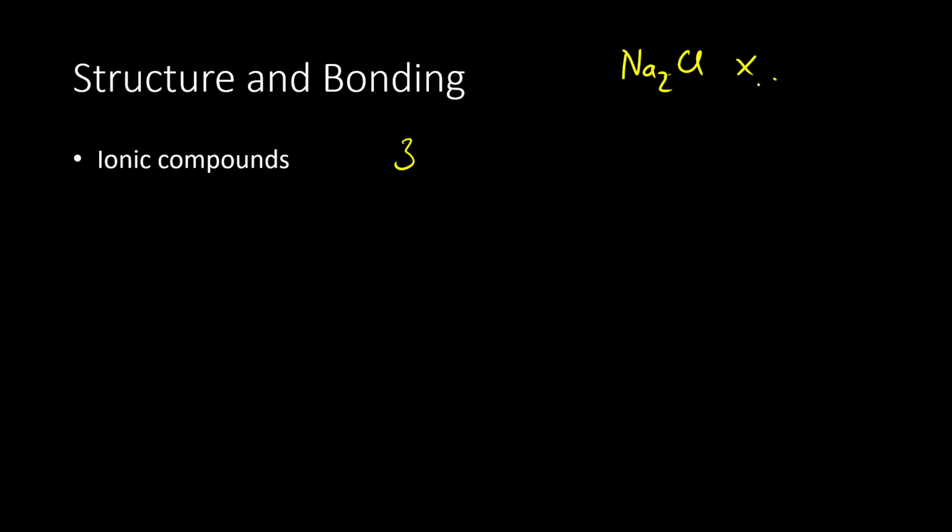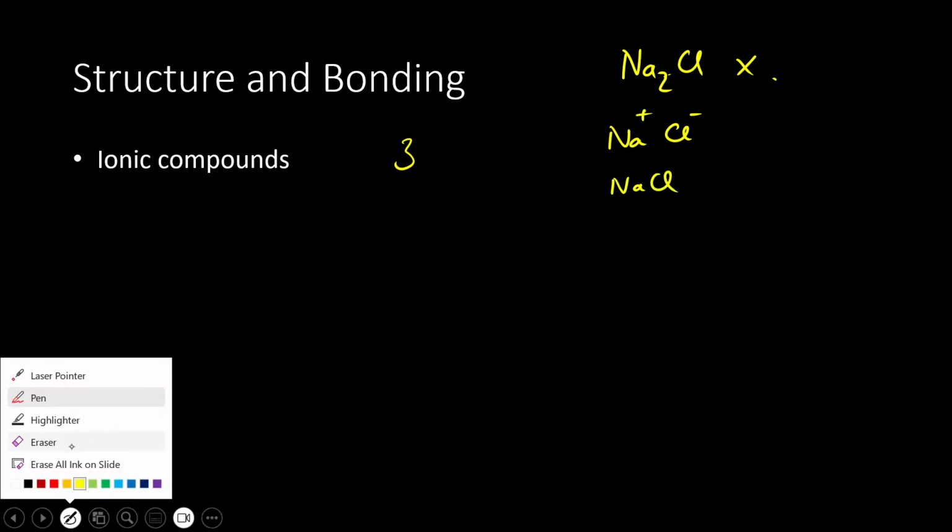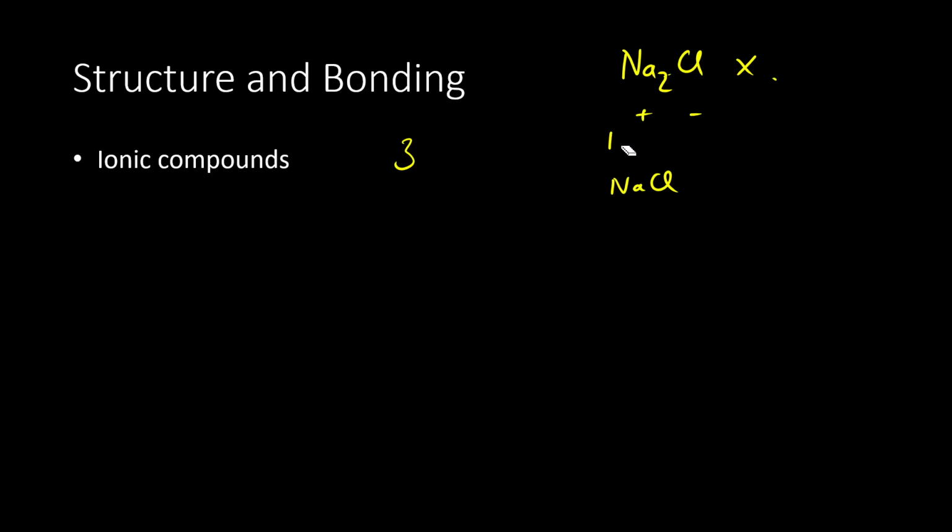The reason this is incorrect is because sodium has a +1 charge and chlorine has -1, so naturally it's NaCl. Yep, so we already got one, NaCl. Can anyone give me any others? Any other sorts of ionic compounds?